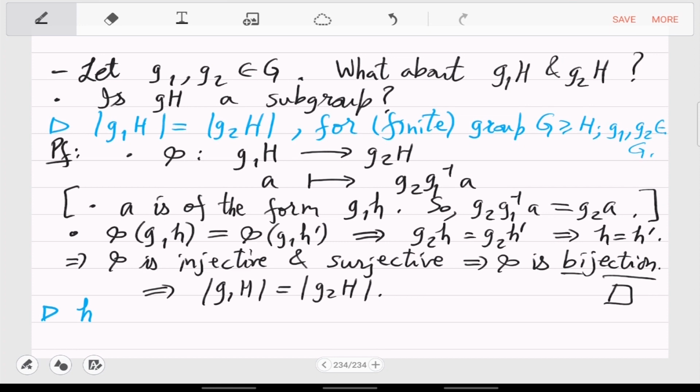Now, if I take G1 to be special, for example, I take G1 to be E, what happens? What is E times H? That is just H, right? Also, if I take G1 to be in the group, subgroup H, what is G1H?